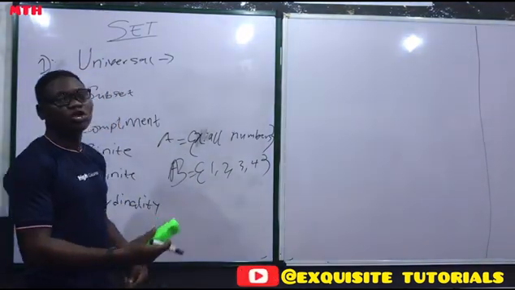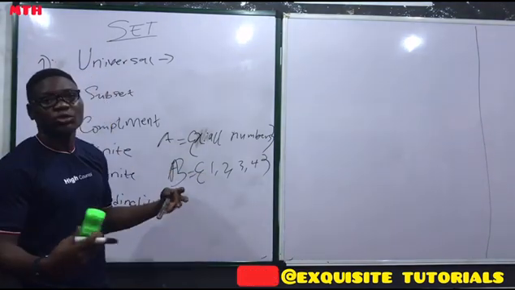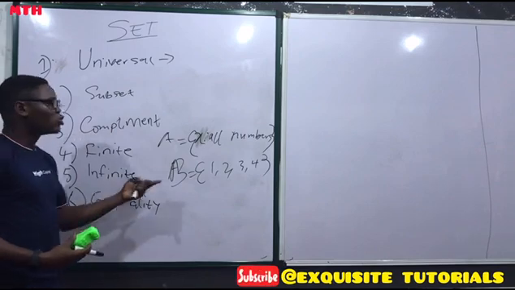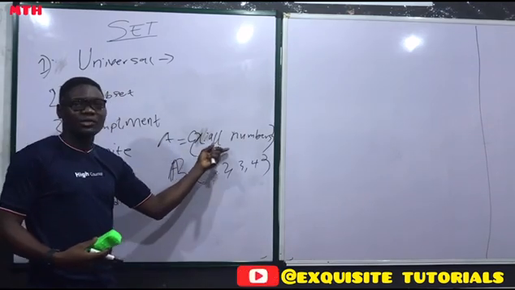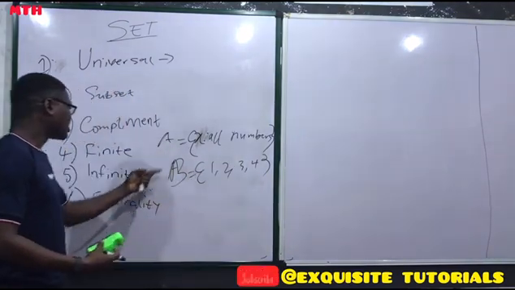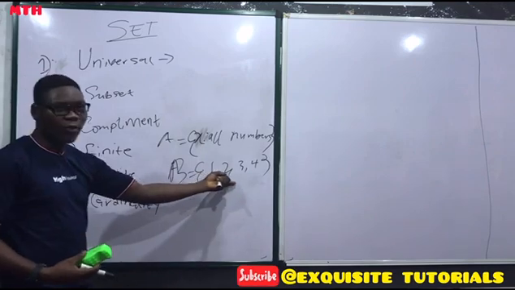Whenever you do not know the cardinality of a set, because it is too much, probably the cardinality of that set is infinity, and we call that set an infinite set. So the cardinality of this set is infinity because we do not know how many elements are inside it. So it is an infinite set. And this one is finite because it has 4 elements.